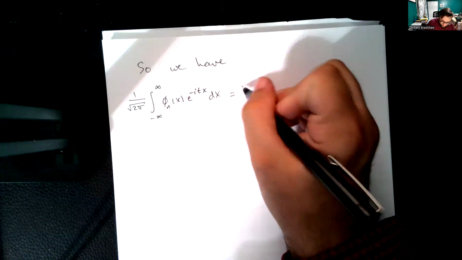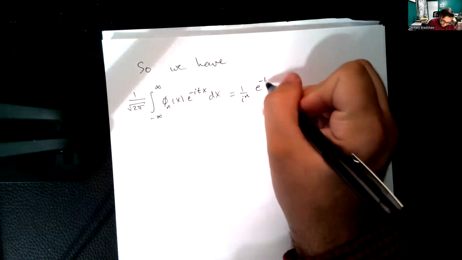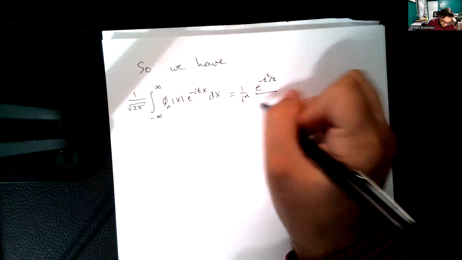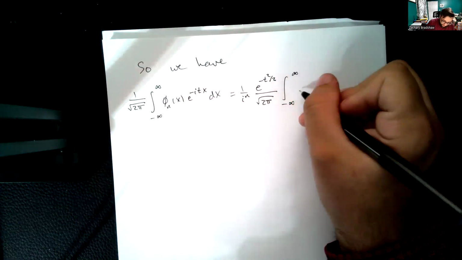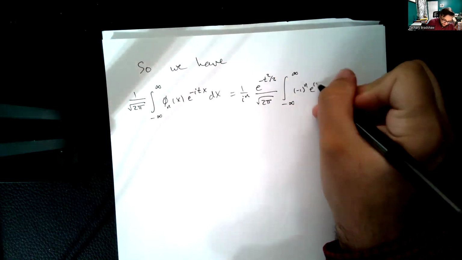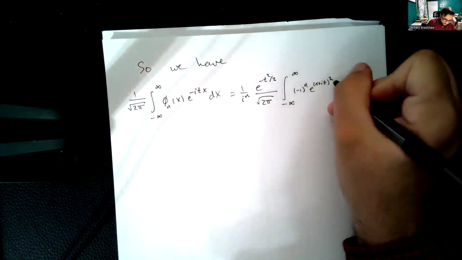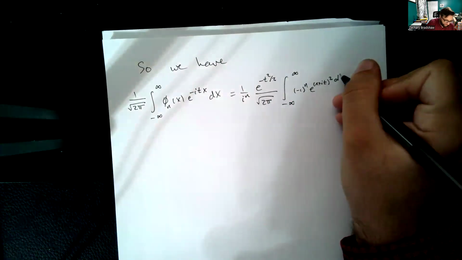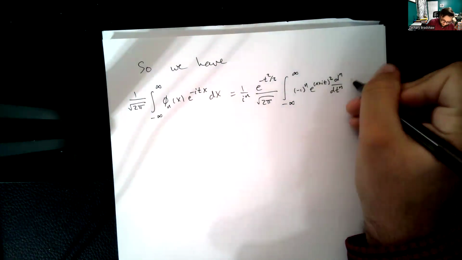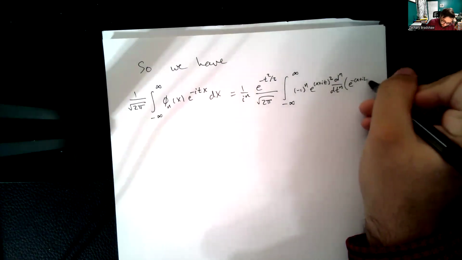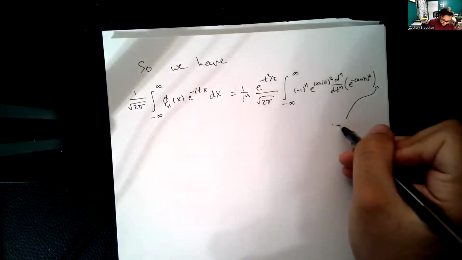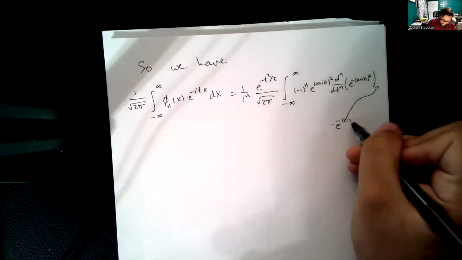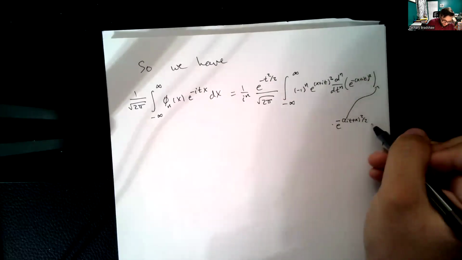So that tells me that this integral is equal to 1 over i to the n, e to the minus t squared over 2 over the square root of 2 pi, integral from minus infinity to infinity of minus 1 to the n. So I'm writing out my Hermite polynomial here, and I'm exchanging the x derivatives with t derivatives. I'm running out of space here. I need times e to the minus (x plus 2it) squared over 2 dx.